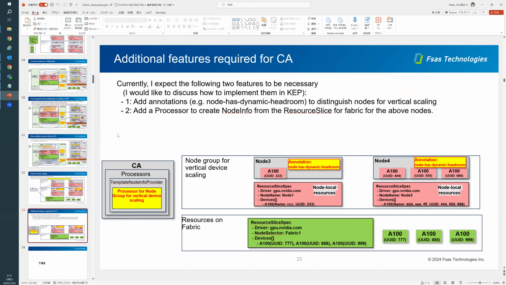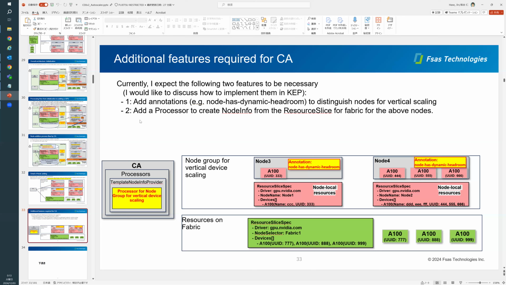Yes. So currently, I expect the following two features to be necessary for cluster autoscaler. The first one is to add annotations, for example, a node has dynamic headroom, to distinguish nodes for vertical scaling.